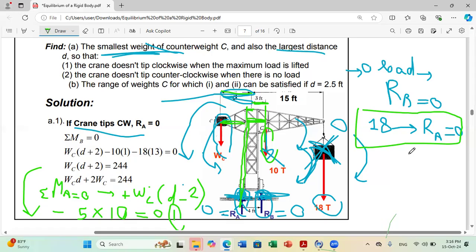So now if I take the second scenario, I say RA is 0, and it's of interest for me to do sum of moments about B. So if I do sum of moments about B equals 0, I will get another equation with 2 unknowns, which are WC and D. So now I will end up with 2 equations with 2 unknowns. This will give me the values of the counterweight and distance D to work in the extreme conditions.